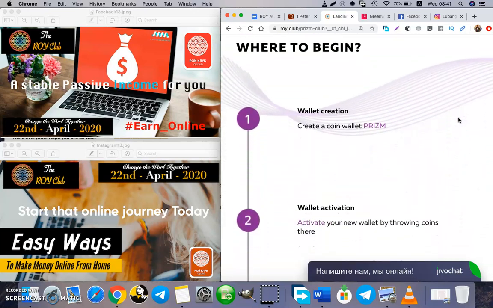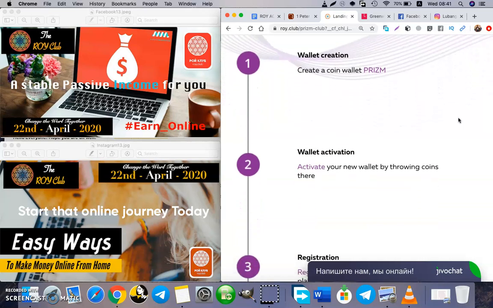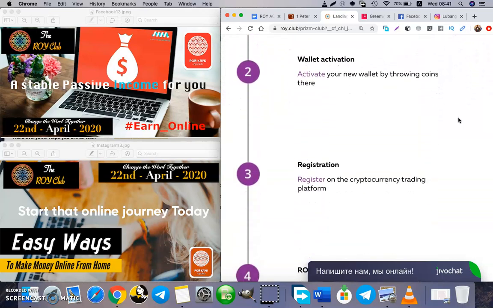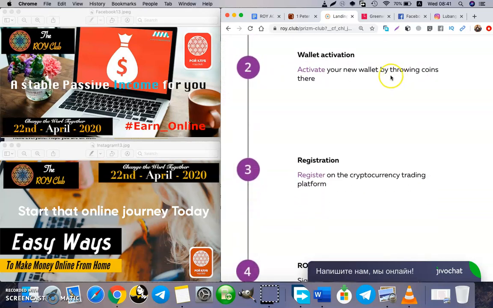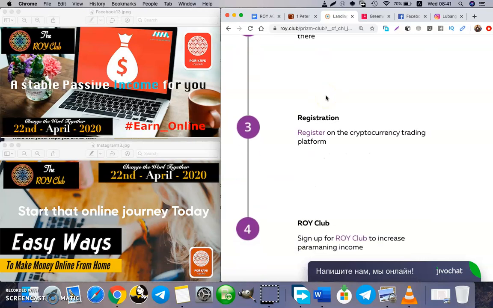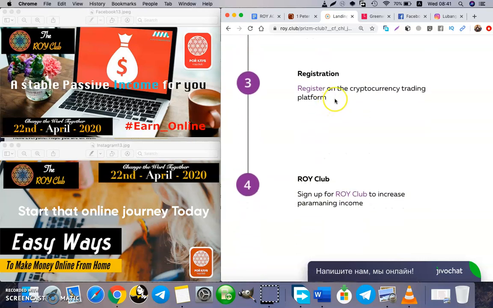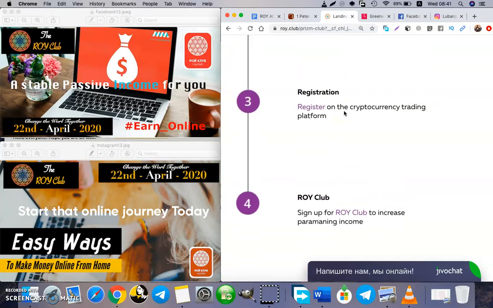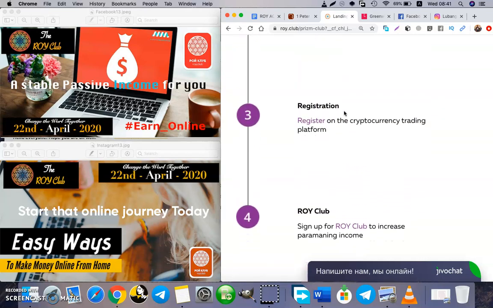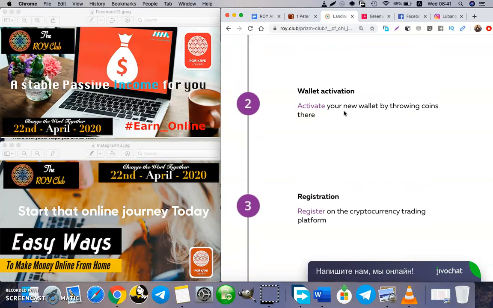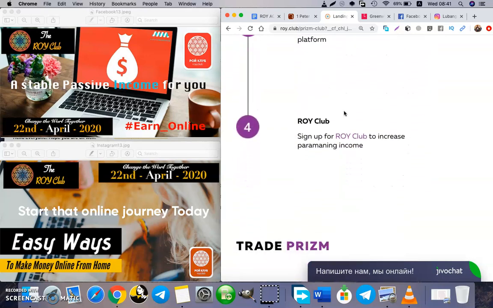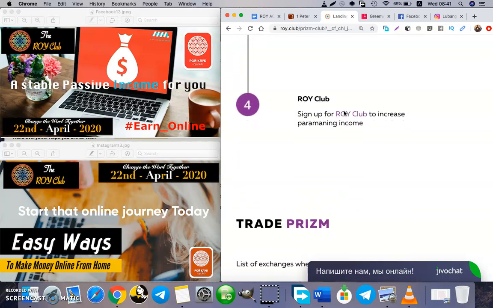Okay, so you can begin by definitely creating a PRIZM wallet. You activate it. So activation is basically sending new coins or just pushing a transaction onto that wallet to activate it, and then you register on a cryptocurrency trading platform like Zingen or BTC Alpha or Hotbit and buy some PRIZM and be able to start.